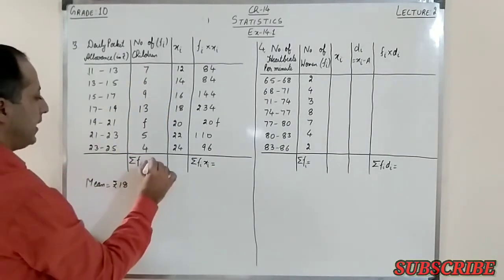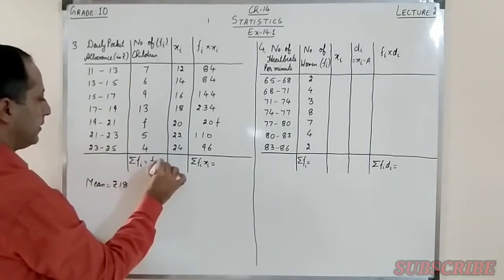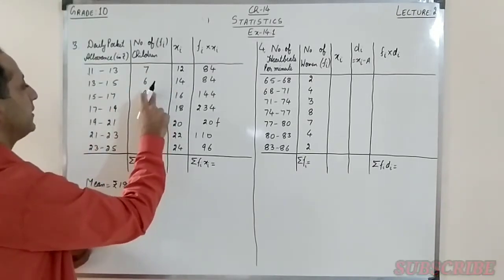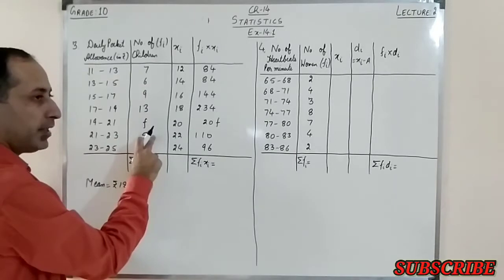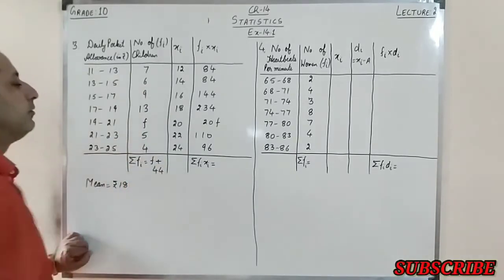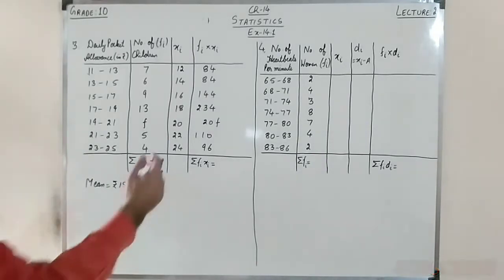Now let's add them. Here it is F plus, so we add 7 plus 6, 13, 13 plus 13, 26, 26 plus 9, 35, 35 plus 5 is 40, and plus 4, this is 44, right? Now we add this column also.